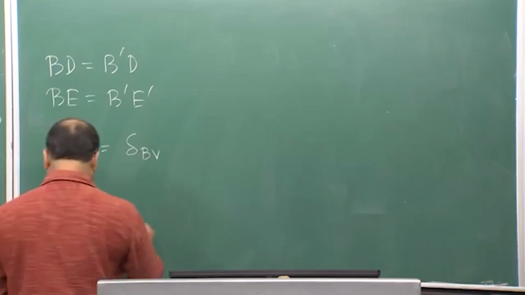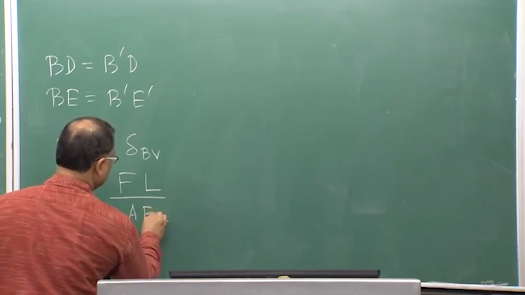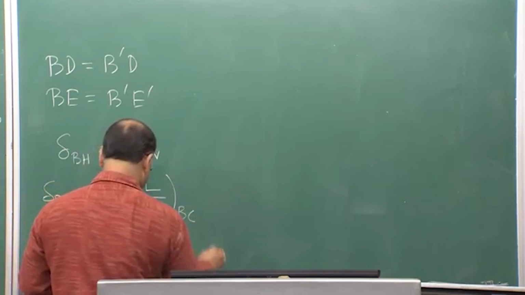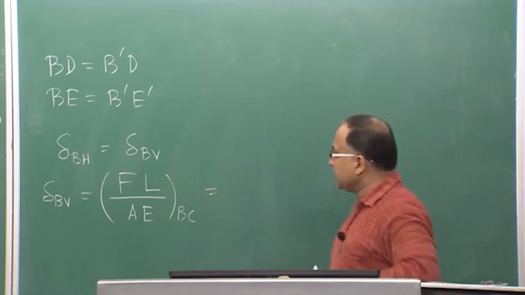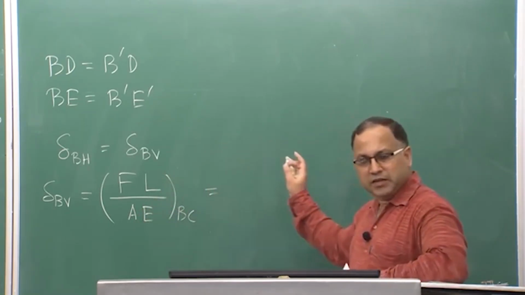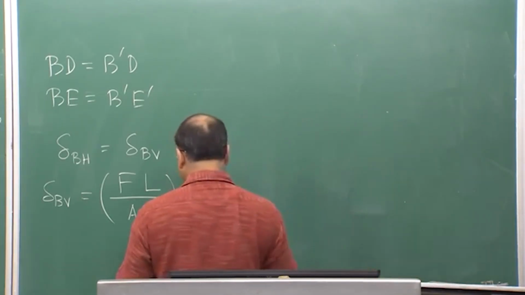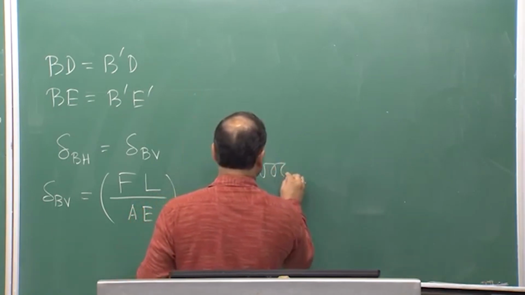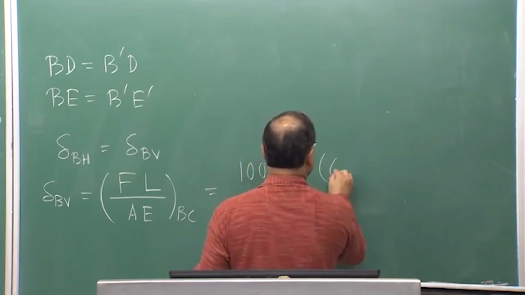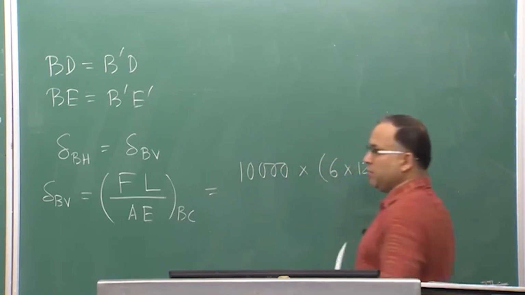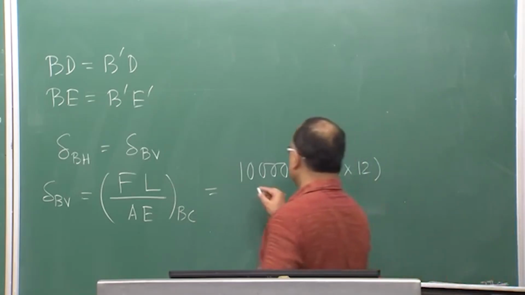So delta BV can be calculated as FL by AE of member BC. F is the force in member BC, L is the length of member BC, A is the cross sectional area, everything is given in the problem, and E is the elastic modulus. You know all those things. If you put in all the values, 10,000 pound is the force carried by member BC, into the length of member BC, which is 6 feet. 6 into 12 is the inch, so 72 inch.